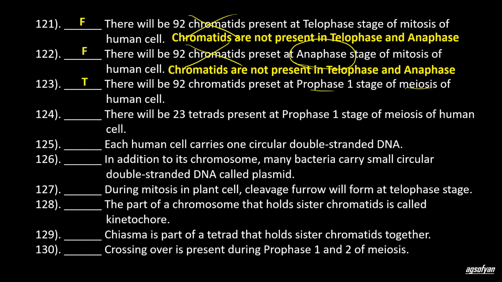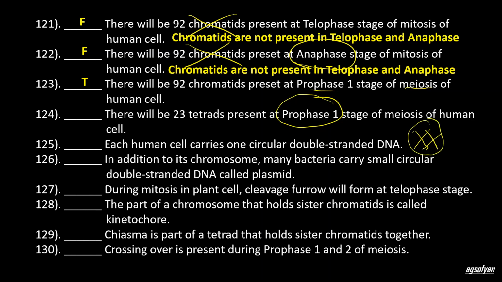True. There will be 23 tetrads present at prophase 1 stage of meiosis of human cell. So during prophase 1, each chromosome has 2 chromatids, and then 2 chromosomes will be joined together to make what we call a tetrad.